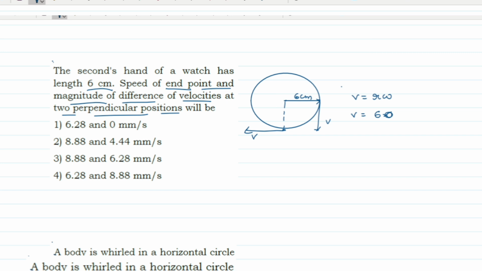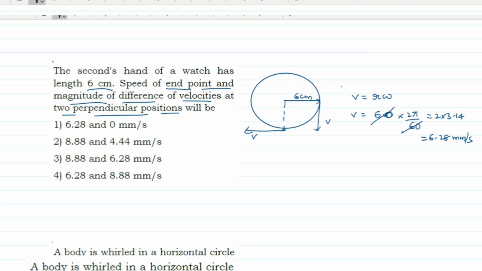Omega is 2 pi by the time period, which for a seconds hand's one rotation is 60 seconds. This 60 gets cancelled, so we get 2 into 3.14, which is 6.28 millimeter per second. This is the velocity.